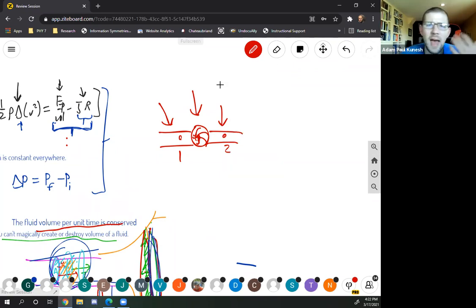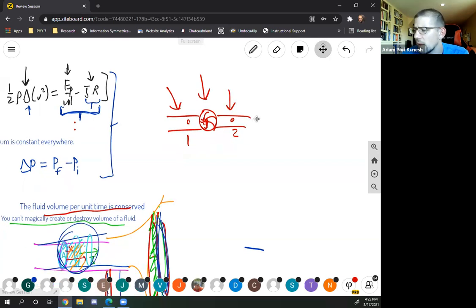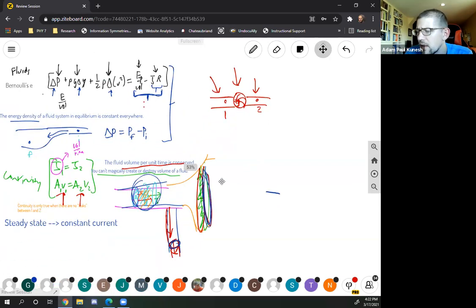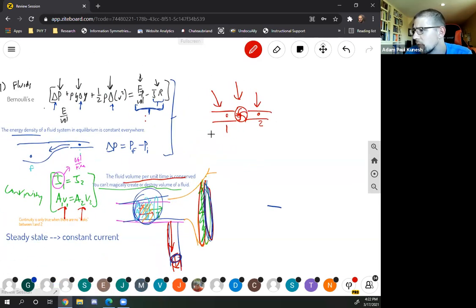However, it's still in steady state in the sense that the current is not changing. So non-equilibrium means I'm adding energy, and steady state means I am at a constant current. When I throw a pump in there, strictly speaking, I would call this a non-equilibrium steady state flow. But that's kind of like, who cares?